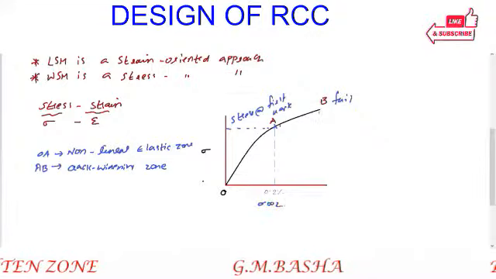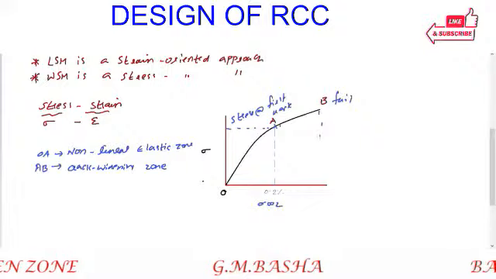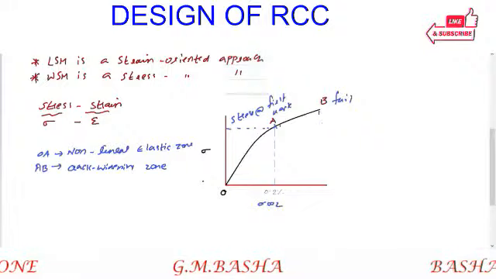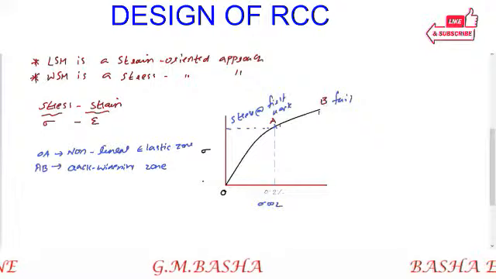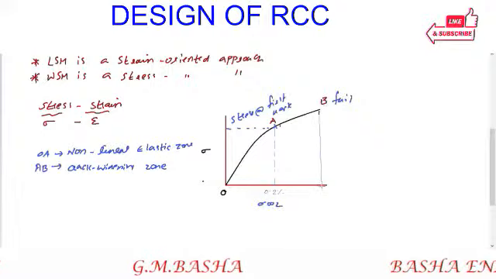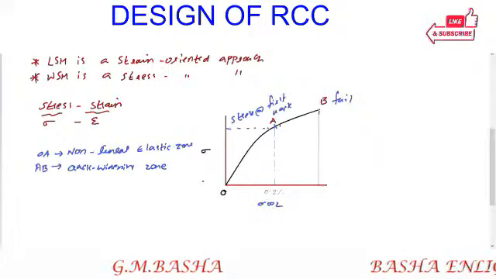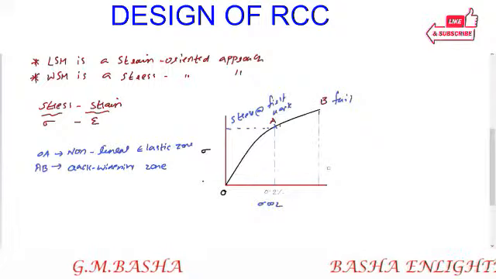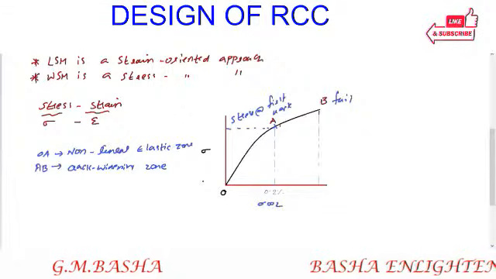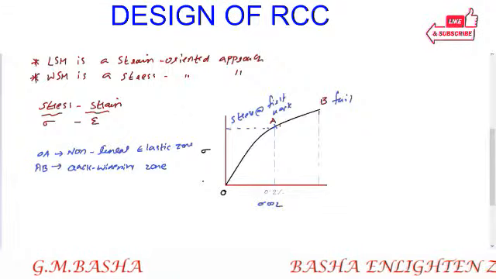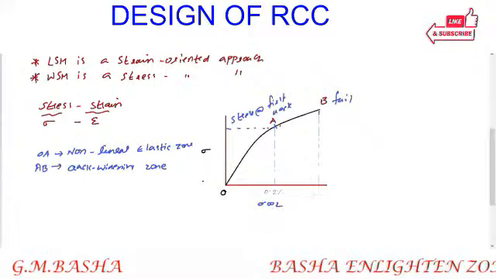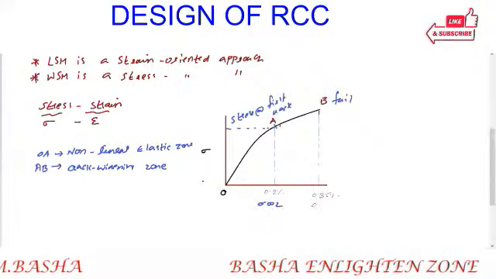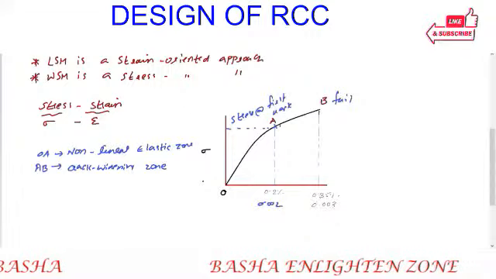Similarly at B, I'm drawing the exact line here also. This is at 0.35%, which is 0.0035.